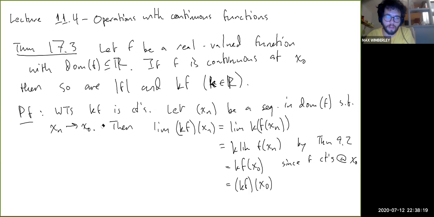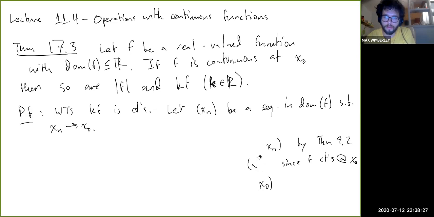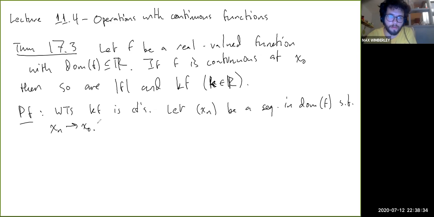So let's do the absolute value. The book gives this argument in detail, and I think it's probably not worth spending too much time on. Then the limit of the absolute value of f of xn equals the absolute value of the limit.